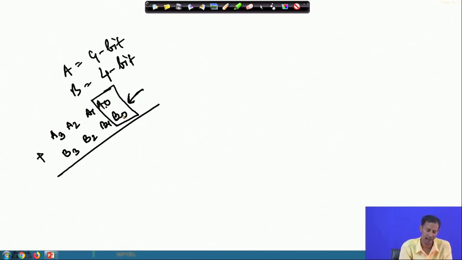These are binary weighted values: this is 2 to the power 0, this is 2 to the power 1, this is 2 to the power 2 and this is 2 to the power 3. Whenever I add these two bit positions, the carry out generated from the addition of these two bits will go to the 2 to the power 1 position.